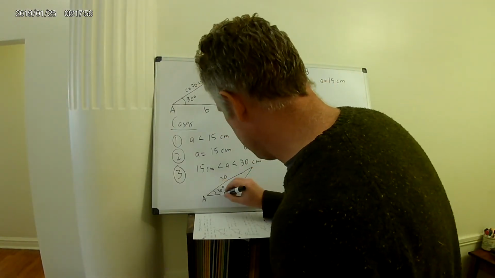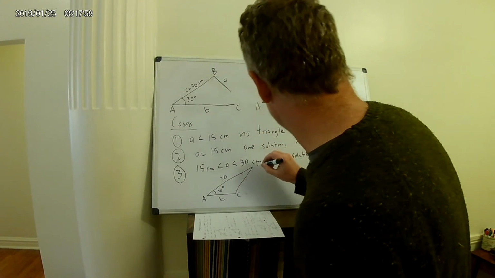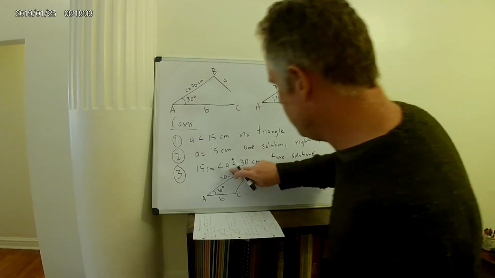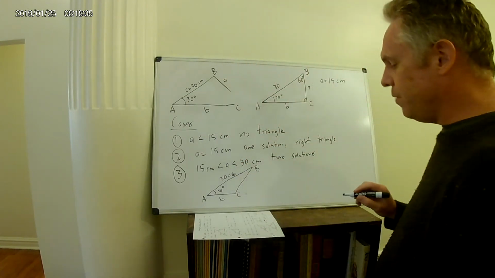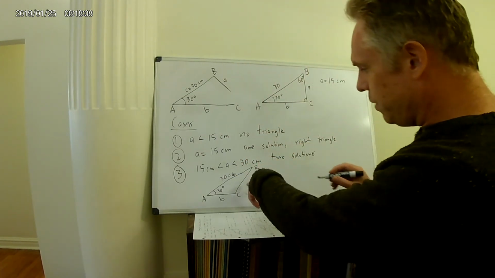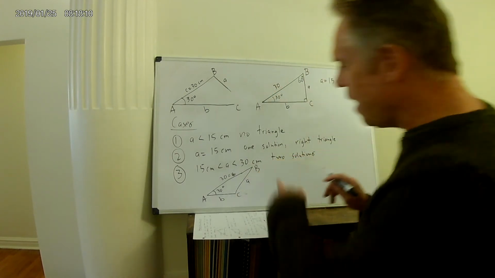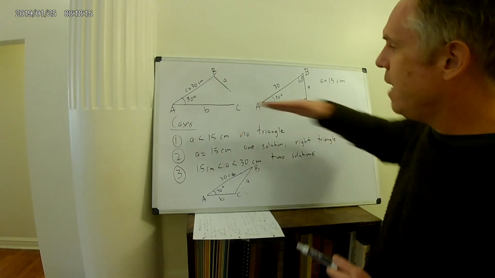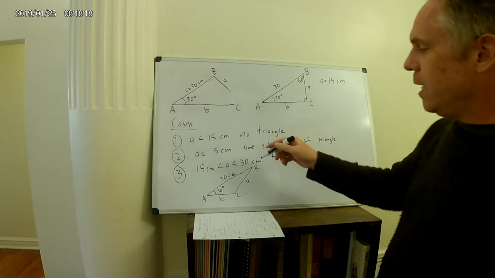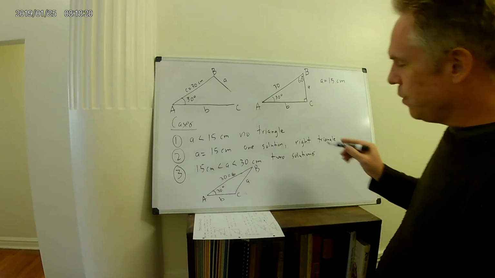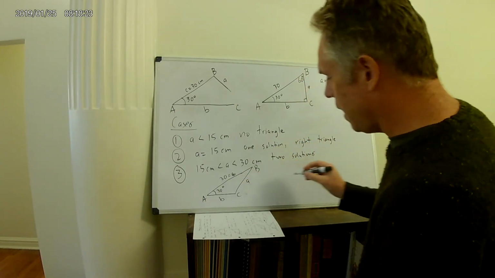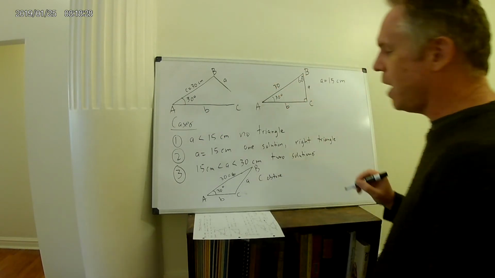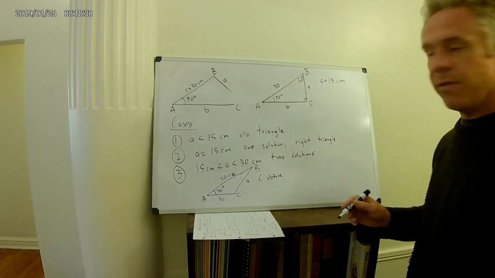This is A, B, C. In this case, side length A is greater than 15 centimeters, so it's able to reach side B, but it's less than 30 centimeters. And so it either could come down like this, and this is a case where C is obtuse. We have an obtuse angle, which means that angle C here is greater than 90 degrees.